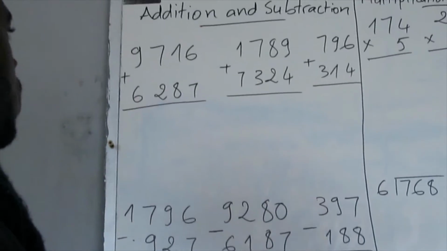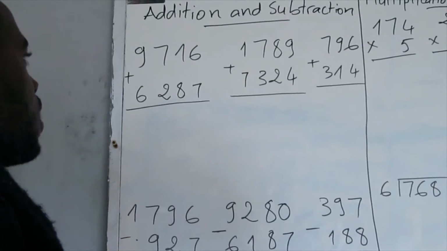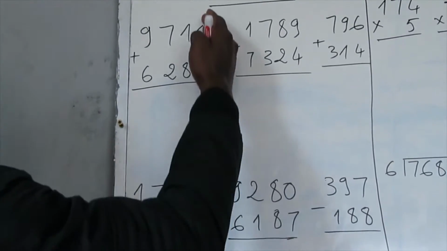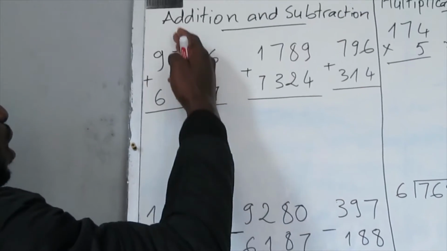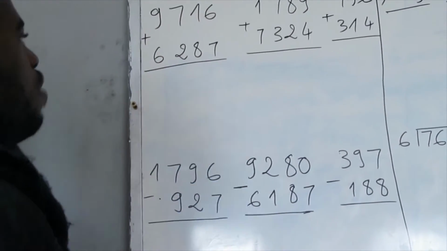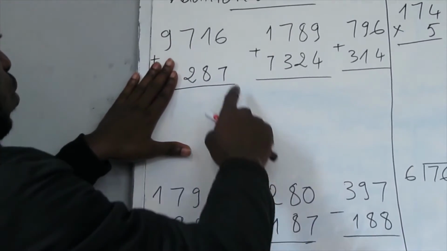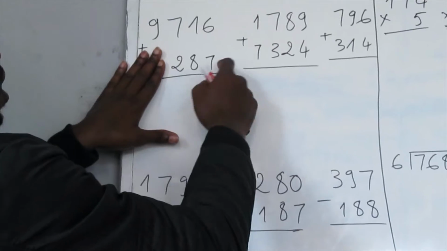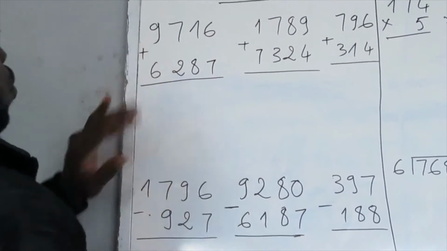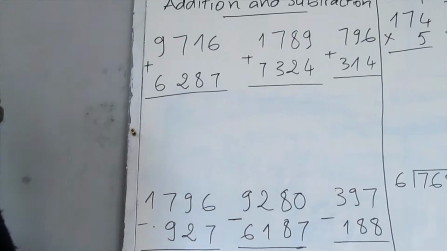The first thing with the vertical method to add is to place everything on the same line. If it was only 3 digits, you start with your last digit from your right going to your left. Here we have 4 digits plus 4 digits.